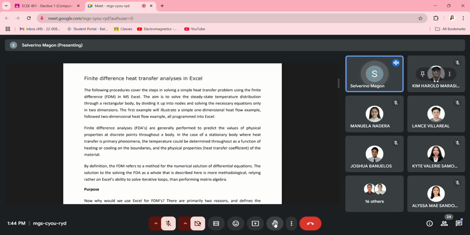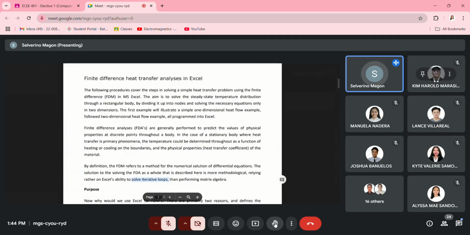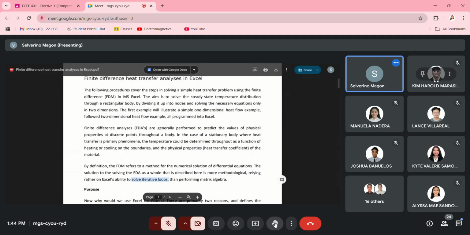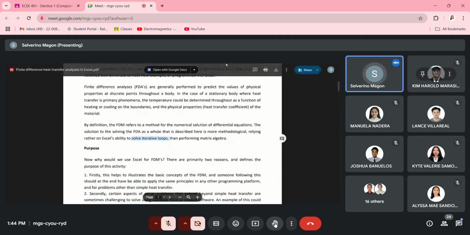So for now, we will use Excel. Maybe if you have the luxury of time to explore the other platforms, then it will be up to you. But in the case of Excel, we can exploit this iterative capability, which we will be guided to later.